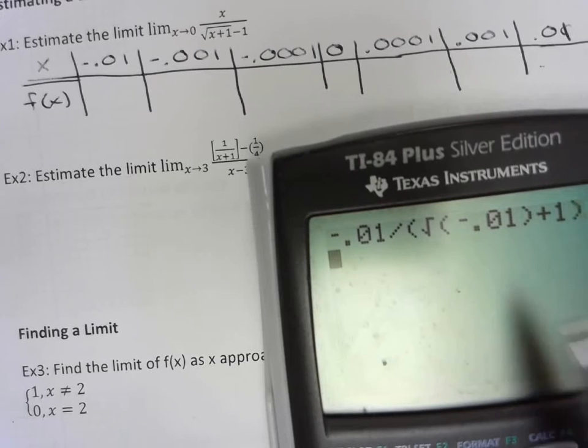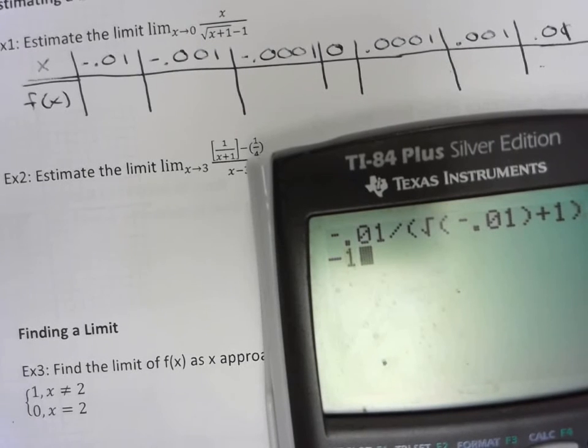This parenthesis ends the square root, and then minus 1. I think I made a mistake. It should be a plus 1, parenthesis, minus 1, parenthesis. I think this is correct.